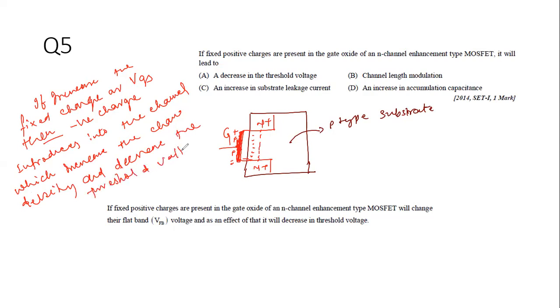Why does it decrease the threshold voltage? Because for a low voltage of VGS, it will convert the P-type substrate into an N channel.